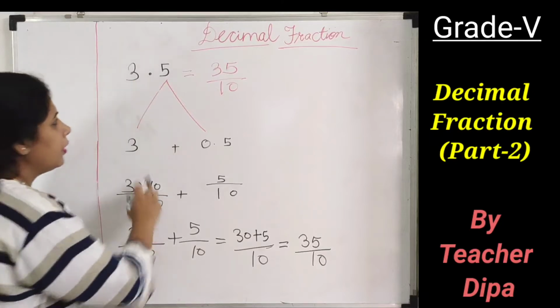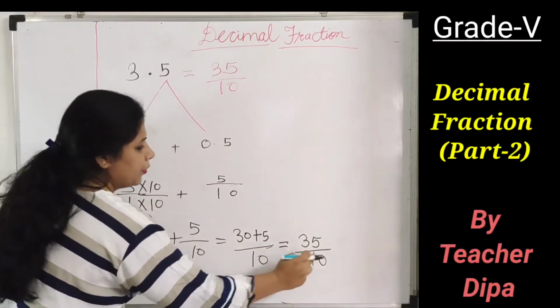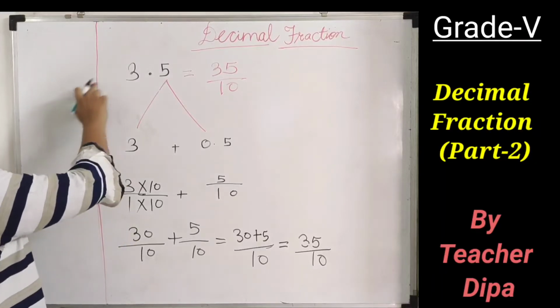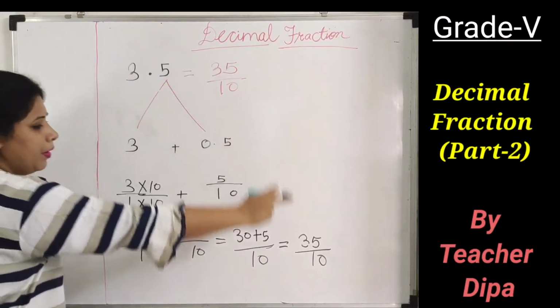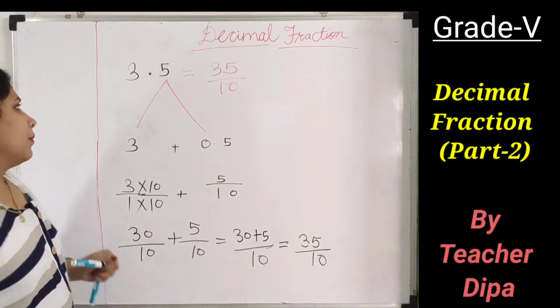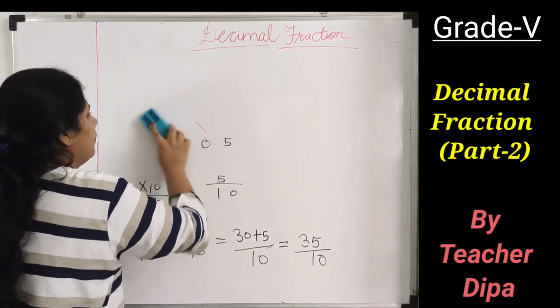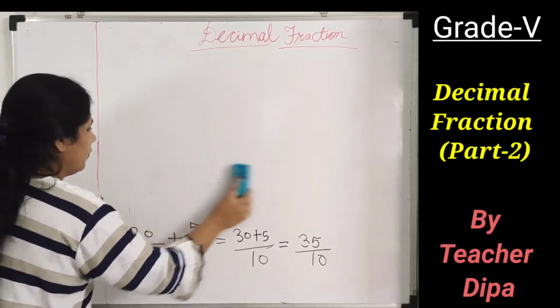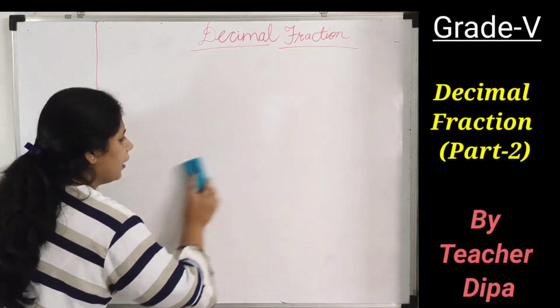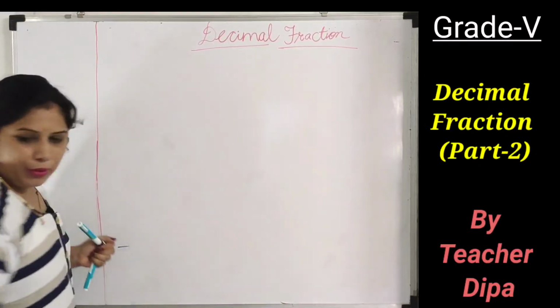So the answer for 3.5 is equal to 35 upon 10. So this is the method by which we can convert the decimal number into the fraction form. On the basis of that, I can take more examples and we will get the answers of those also.